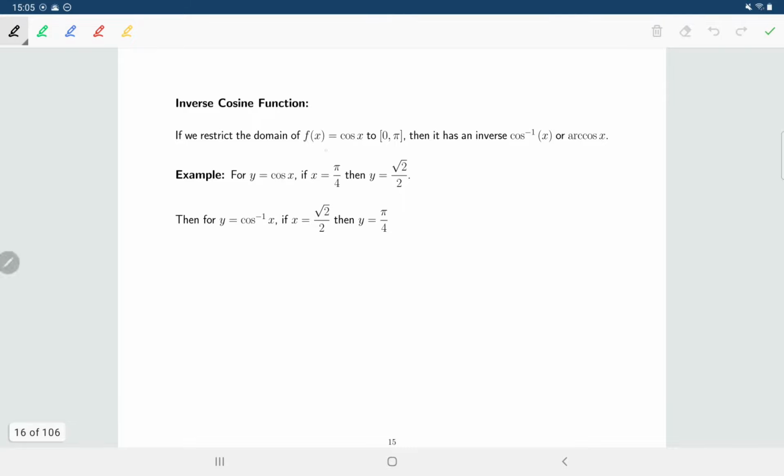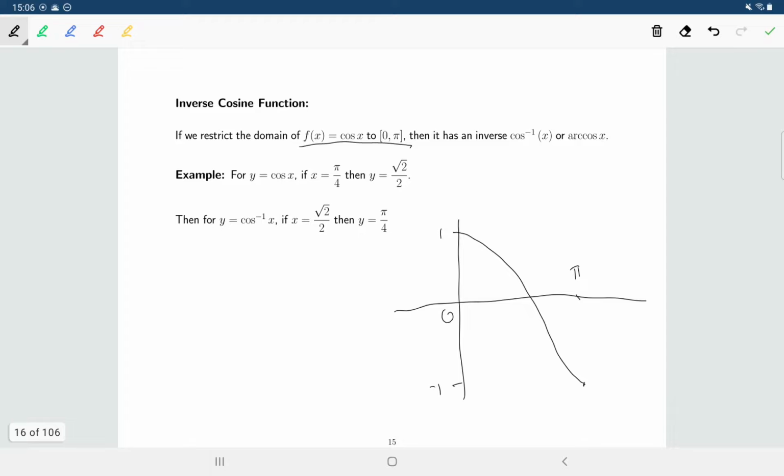Namely, that for finding the inverse trig function for cosine or for tangent, we're going to need to restrict our domain. In the case of cosine, we're restricting our domain from 0 to pi. If you're remembering the graph of cosine, that's because between 0 and pi radians, the graph of cosine is 1 to 1, having its maximum value when x is 0 and its minimum value when x is pi.